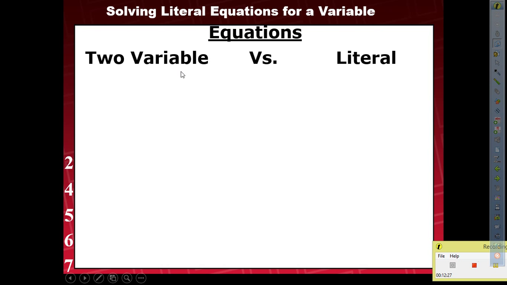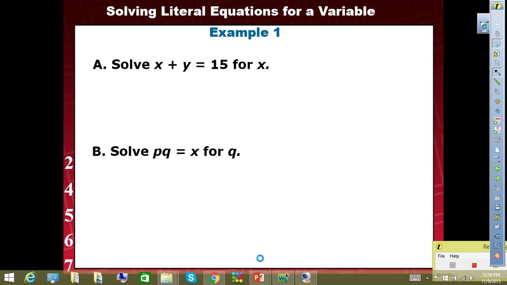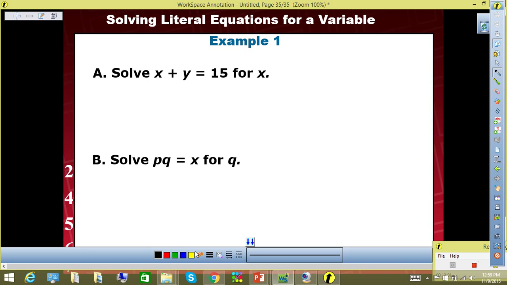Example 1a, solve x plus y equals 15 for x, and solve b, pq equals x for q. So let's do these two together. For a, here goes step 1. There you go.